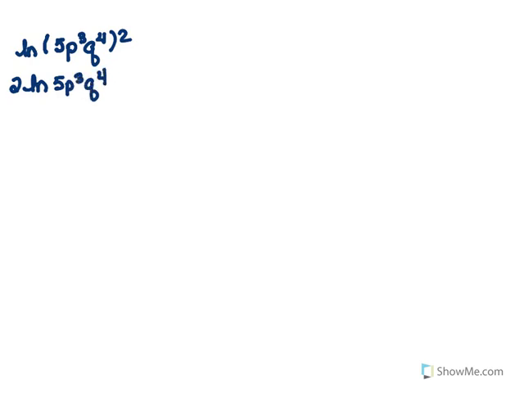All right, so this is 2 times this natural log. Now, I can expand this as well. So remember, this is 2 times the natural log of 5 plus the natural log of p cubed plus the natural log of q to the 4th. Now remember, with those exponents, I can still bring those out to the front as well.